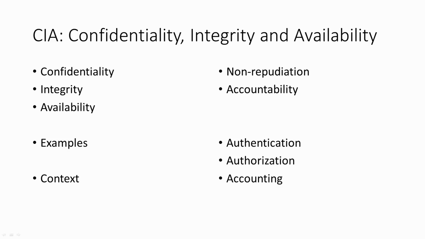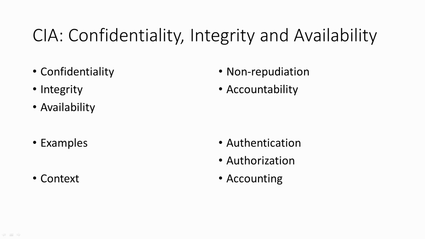And what is availability? Availability is that authorized users can access it at any given time. If you're an authorized user, you can get it. If you can't get it, then some kind of denial of service attack is happening and availability is broken.